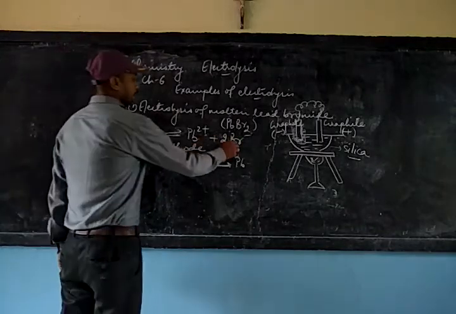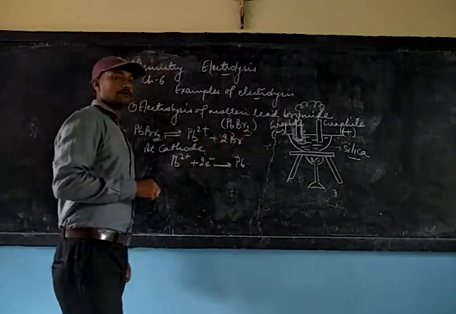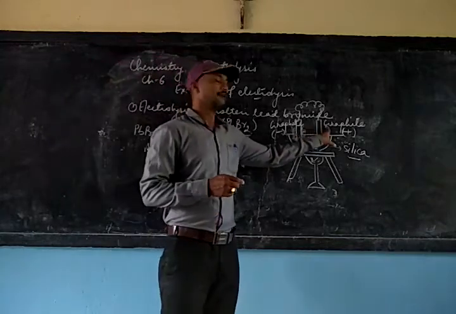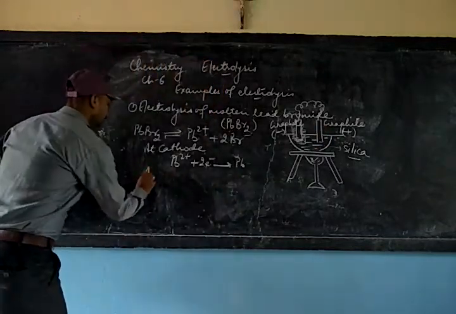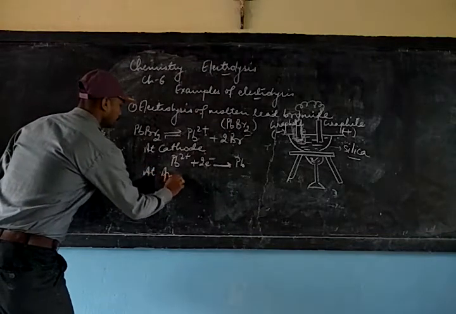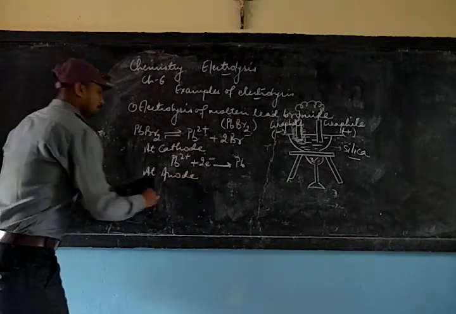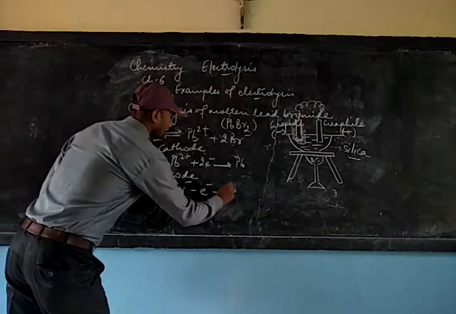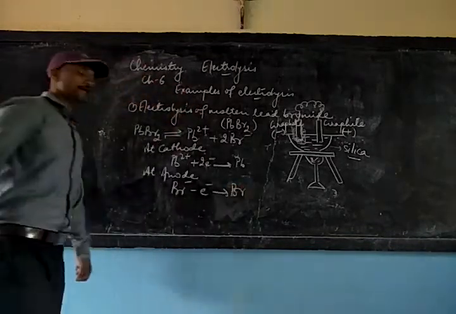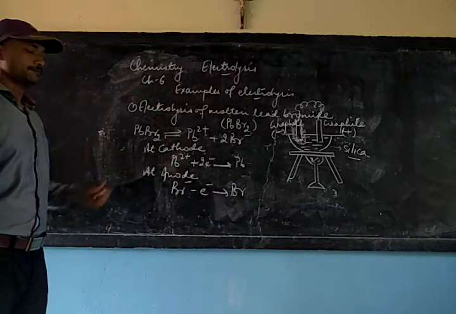In the same way, the bromide ion, which is negatively charged, will be discharging at the anode. So at anode, bromide ion on losing one electron will change to a neutral bromine atom.